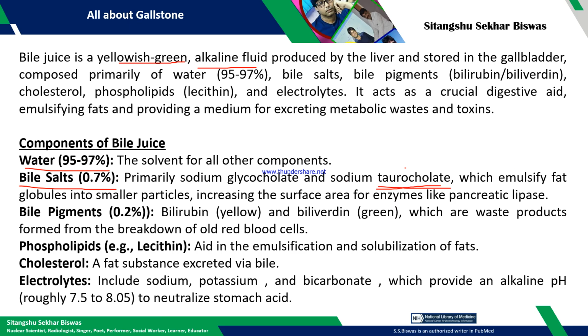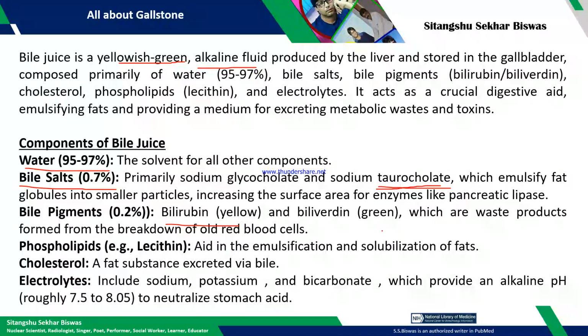This basically helps to emulsify the fat in the food, and also increases the surface area for the enzymes to act on the fat during digestion. And there are some pigments also. These are bilirubin and biliverdin.